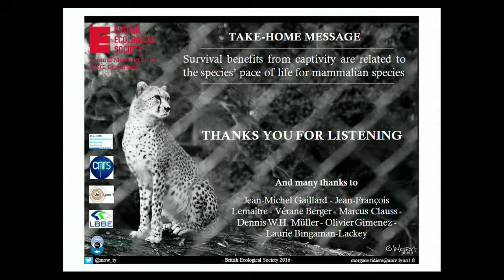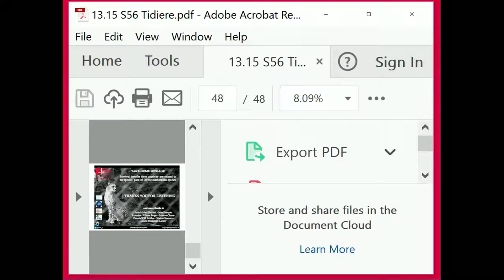I think that for very long-lived species, as it's really difficult to improve their captive conditions, it's maybe more important to concentrate efforts on their in situ conservation. Because effectively, if we increase their longevity but we are not able to increase their reproduction, I think it's not very useful.